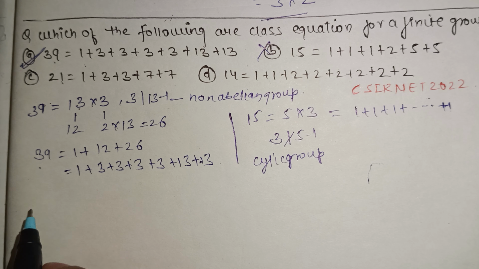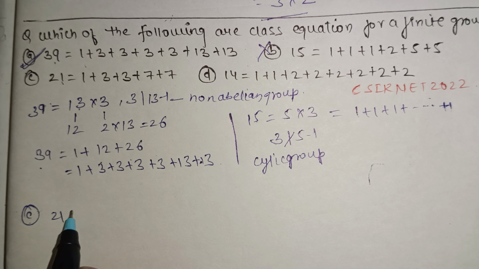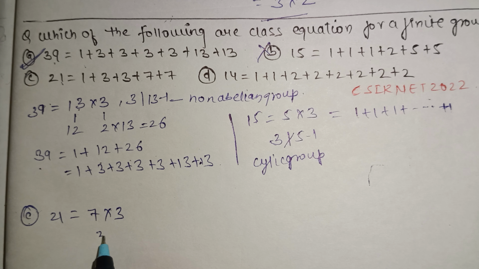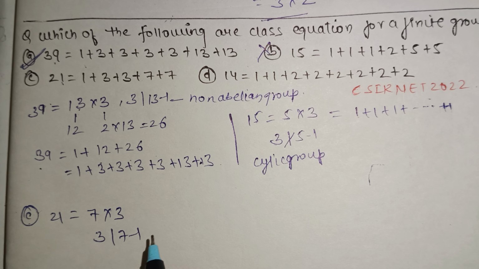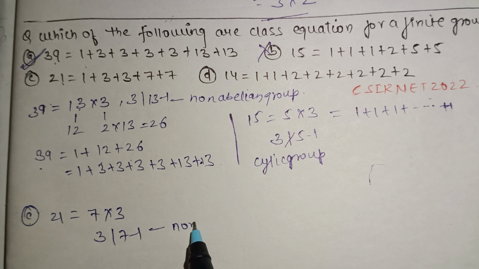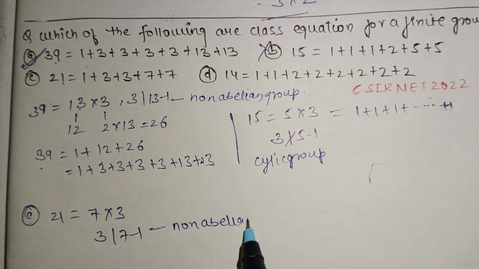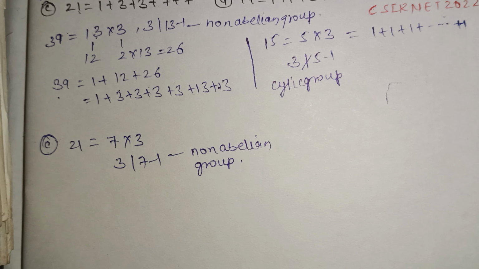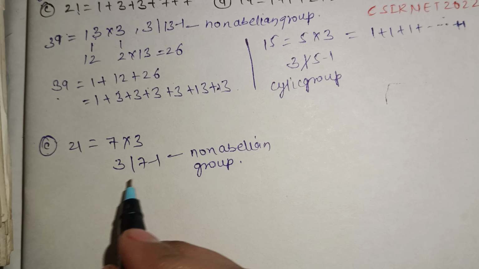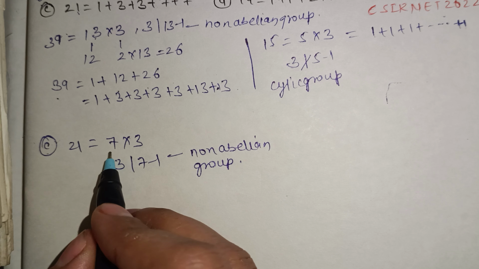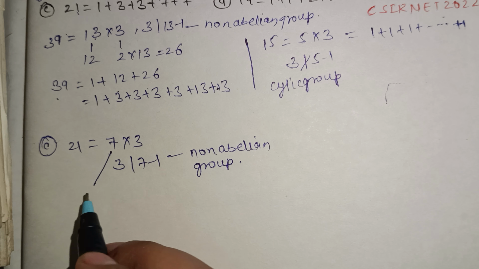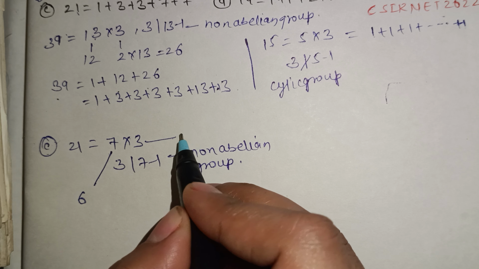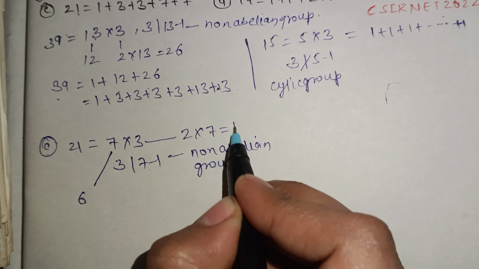Now we will see 21. That is also of the form P into Q, and here 3 divides 7 minus 1. So this is also a non-abelian group. So for its class equation, the number of elements of order 7 is 6 and the number of elements of order 3 is 2 into 7, that is 14.